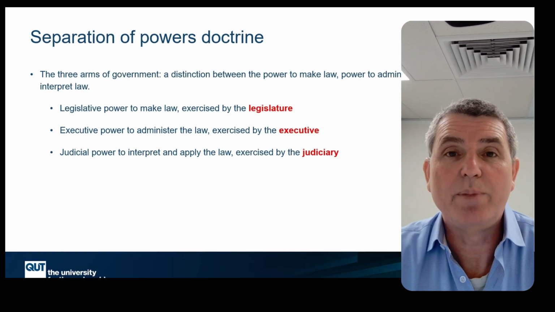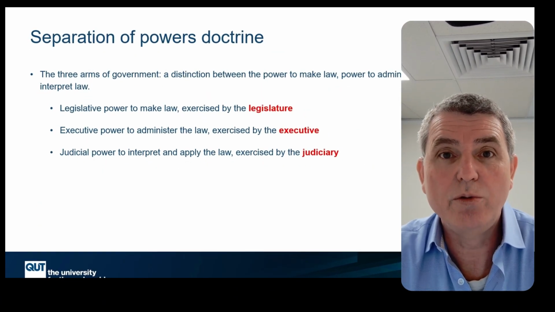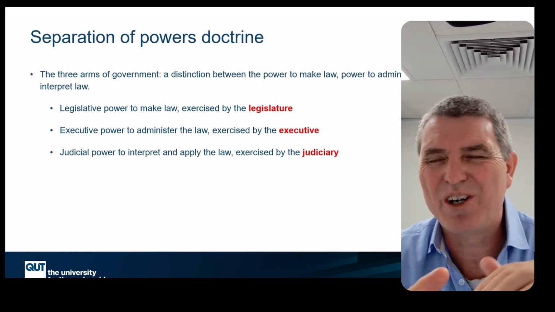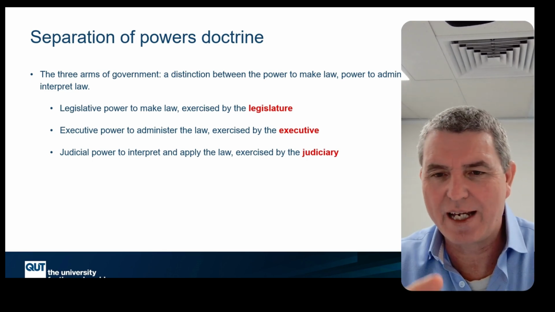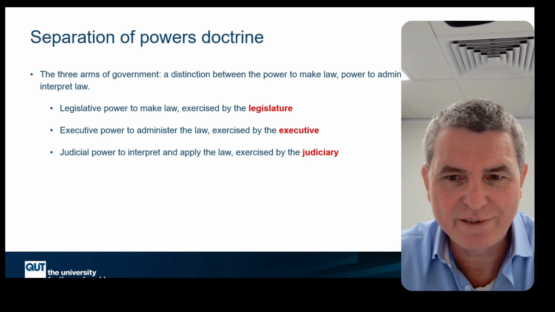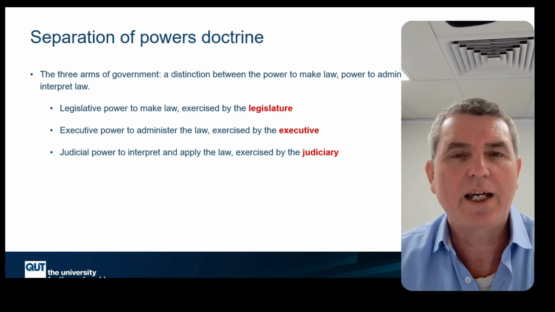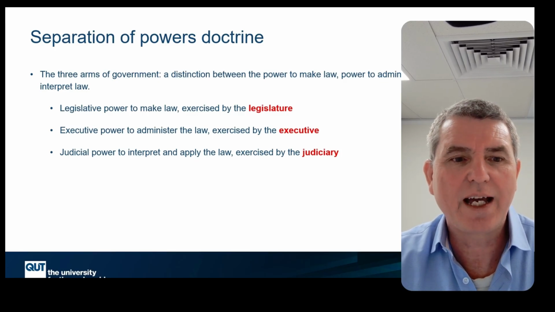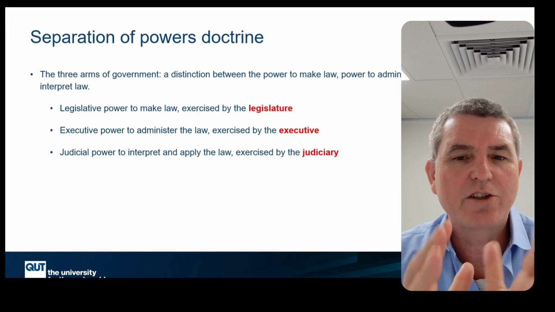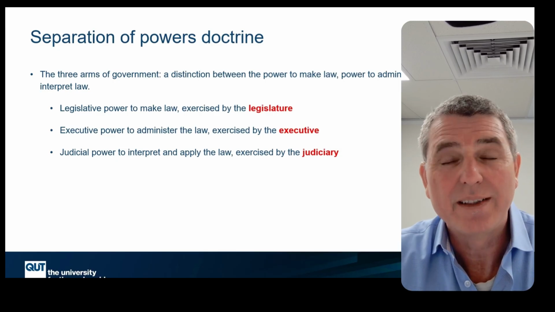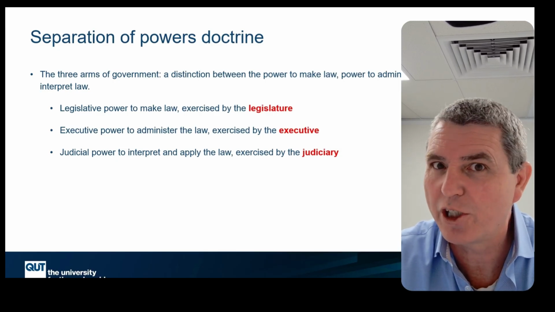So far, we've been talking about the two levels of government, and level kind of sounds like one's above the other. But they're really two different governments that we have in Australia, the federal government and the state government. However, within each of these governments, they have different institutions, or some would call it the machinery of government.